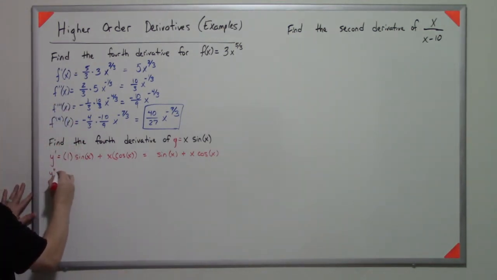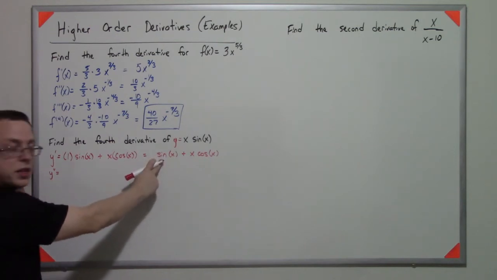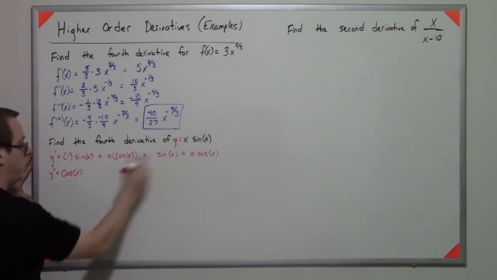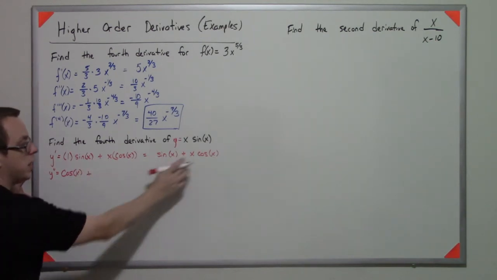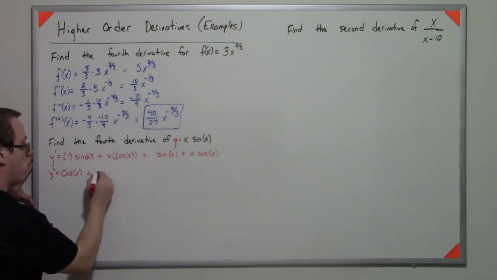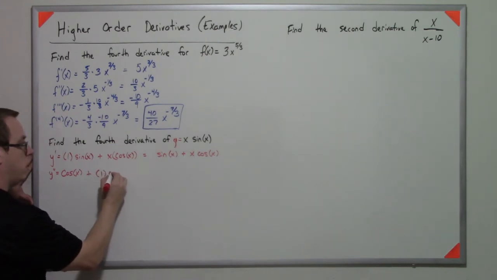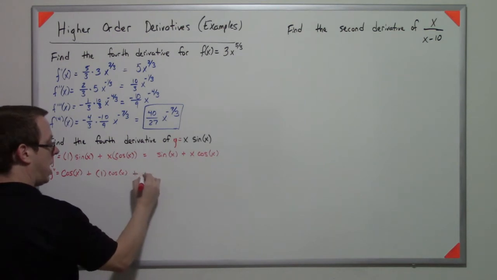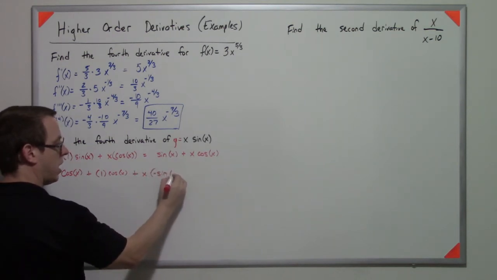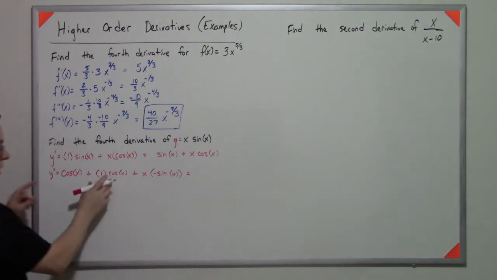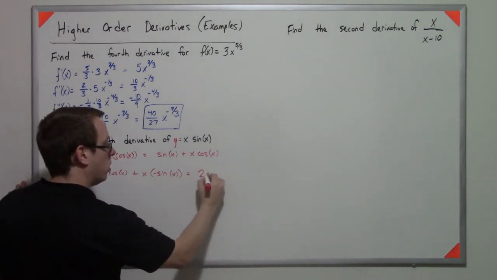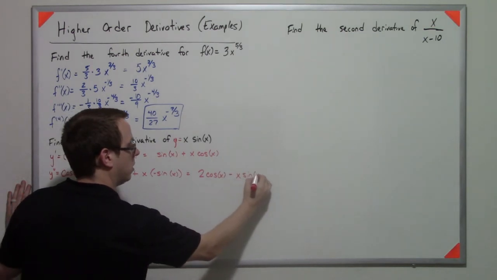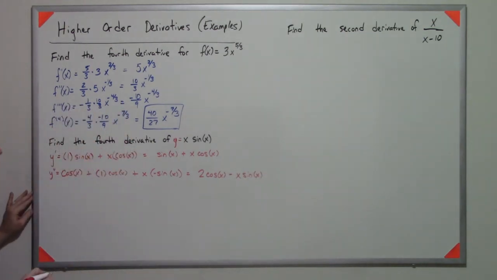So for y double prime, I need to take this derivative, which is cosine of x, plus, now I need to do a product rule here, so I do 1 cosine of x plus x negative sine of x, which gets me 2 cosine of x minus x sine of x.